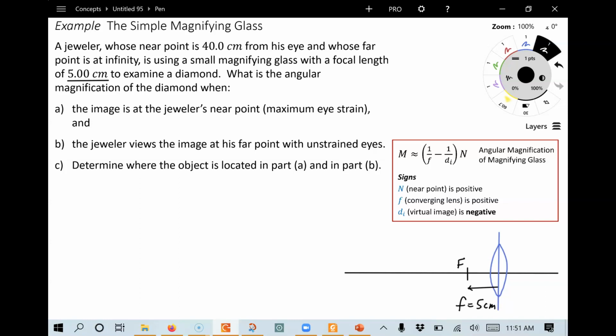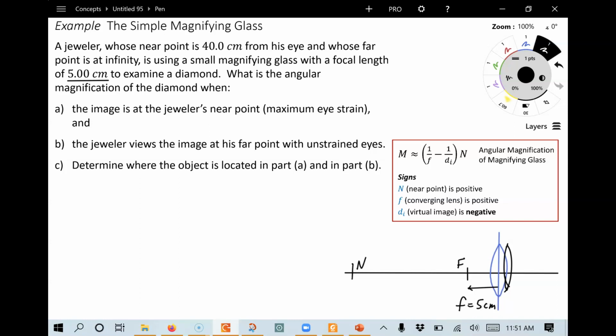Now we're going to assume in this case that the eyeball is just right up here, right next to the lens, and it's a small distance from the magnifying glass compared to where the near point is. The near point is going to be way out here somewhere, N, and that's going to be 40 centimeters, okay?